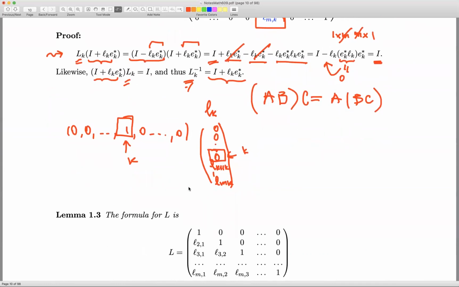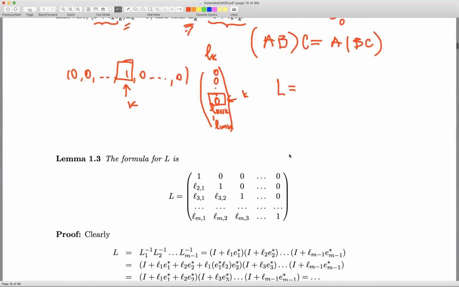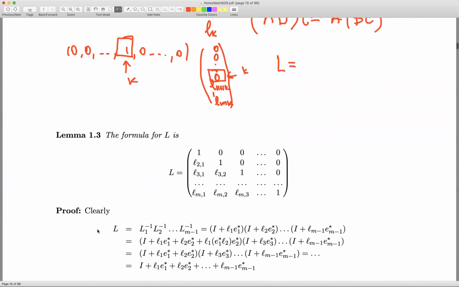Now, what do we have? We have that the matrix L, as discussed before, is a product of these inverses. And therefore, since we found the inverses of each of the matrices L_K, the matrix L will be this matrix, which is the inverse of L_1.